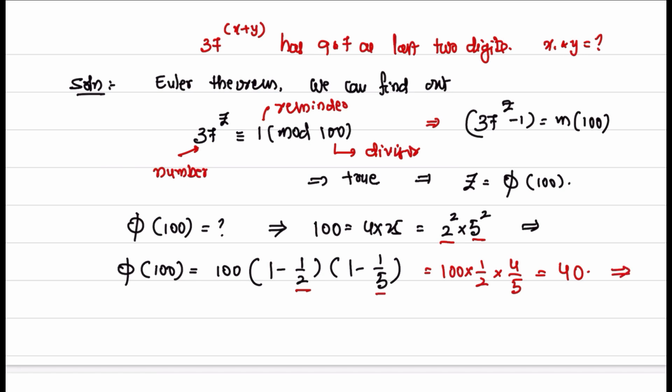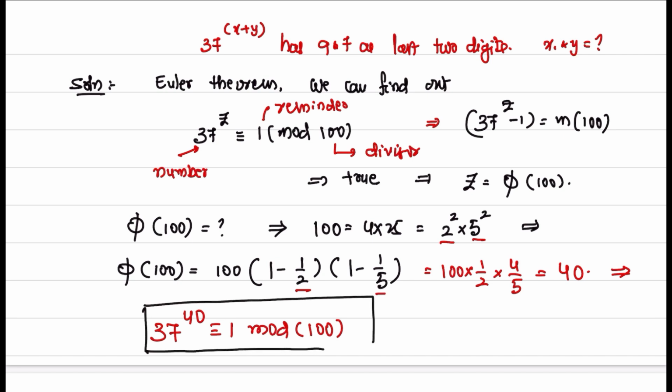That means 37 to the power of 40 is equivalent to 1 modulo 100. From Euler theorem, the first step we have done is that 37 to the power of 40 is equivalent to 1 modulo 100. This is the first equation we have got.